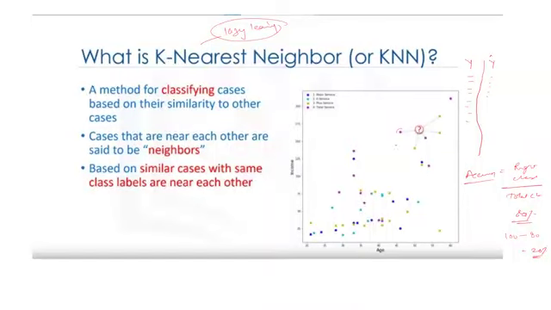Now the question comes: how does it find these similar observations? We have the coordinates, but with the coordinates, how does it find that these are the only 5 observations which are closest? That is done based on similarity. It will find out how similar other observations are to this observation.